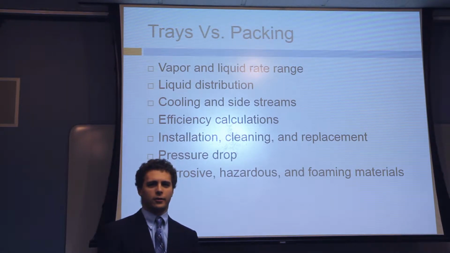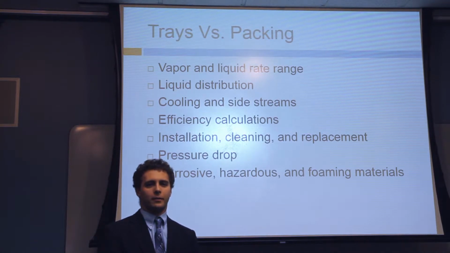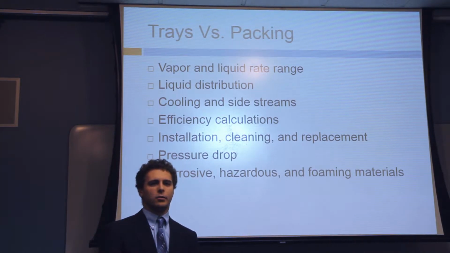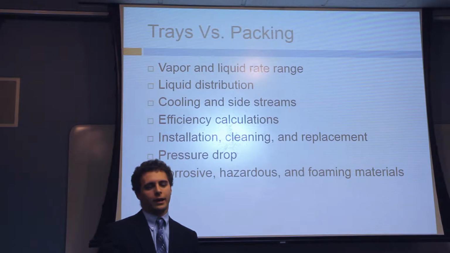However, with smaller columns, where there isn't enough room for a maintenance worker to access them for cleaning, it can often be cheaper to use packings and then replace them if they become fouled. Pressure drop can be important in certain situations, especially with vacuum distillation. Packed columns have much lower pressure drops in general than tray columns, which makes packed columns a wiser choice for vacuum distillation.